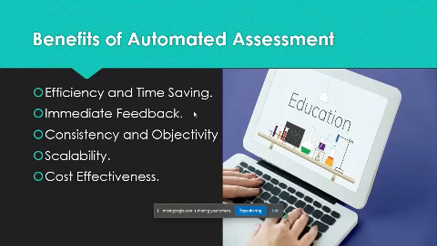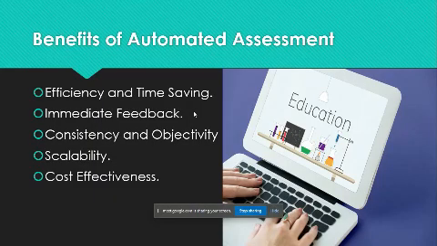The next is scalability. Automated assessment can handle large volumes of assessments, making it ideal for large classes without requiring extra grading effort. Then the last benefit is cost effectiveness.